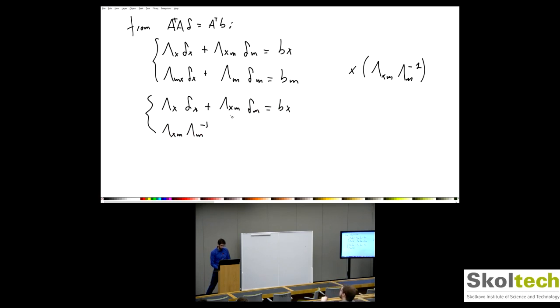Why am I doing this? Because this inverse is very easy to calculate. The inverse of a diagonal matrix is just the inverse of each of the elements. So that's easy. And then we have here delta x_m, delta x_{m-1}, and now here delta m.